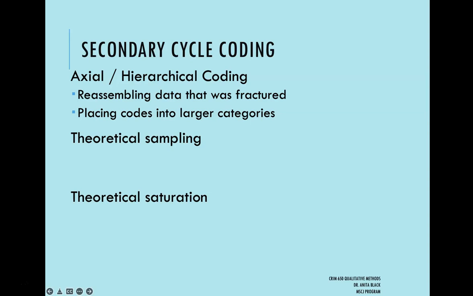So one thing that comes out of secondary cycle coding is that we may discover that there is more data that needs to be collected. If this occurs, researchers should go back into the field and collect more data that's related to the specific issue that's been identified. This is called theoretical sampling.